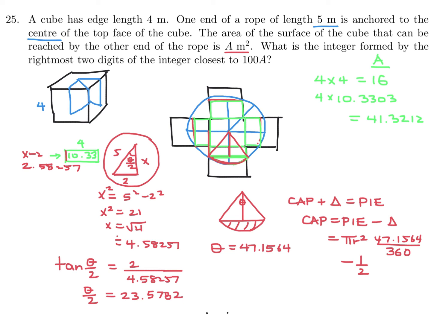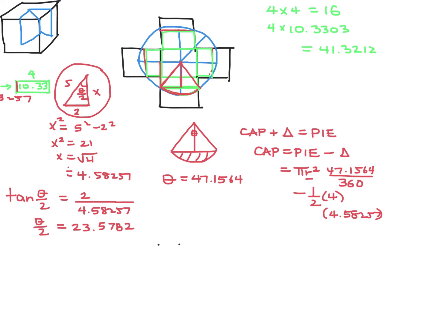This triangle, the base, I believe, is 4, and the height is x, right? Yeah, so the base is 4, and the height is x, which is 4.58257. Yeah. And then what's r? This r, oh, r is, oh, I got it. R is this thing. So that's just 5. Yeah. So I just plug in 5 for my r.